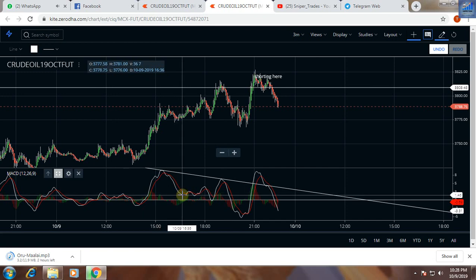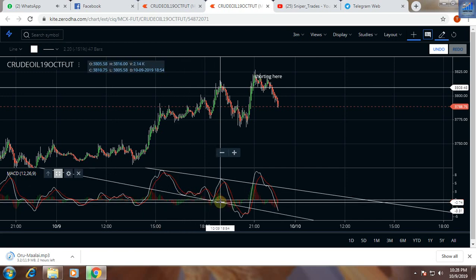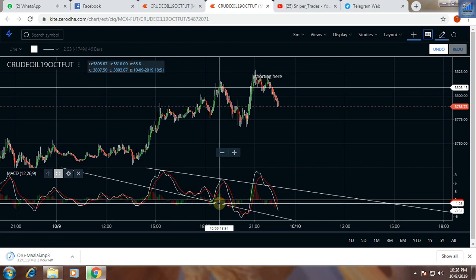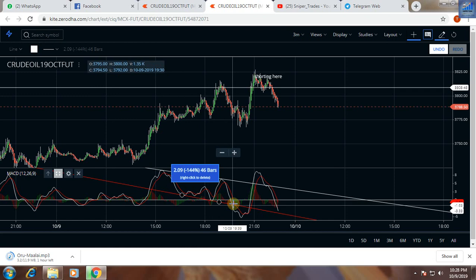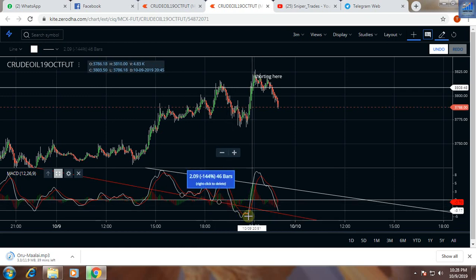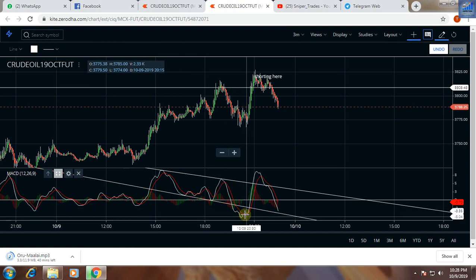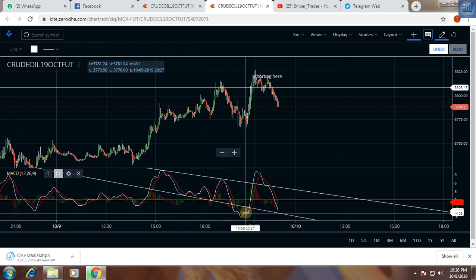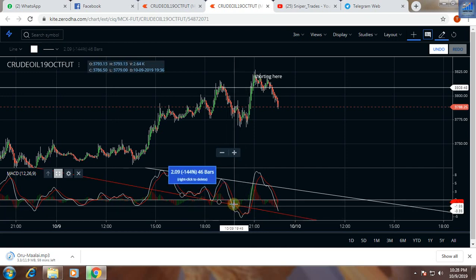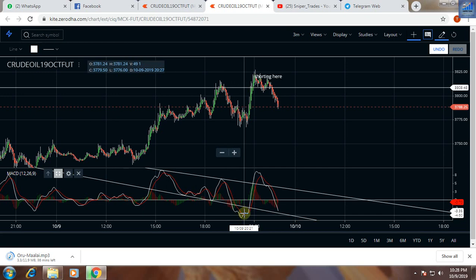See here, I am joining this higher low, this higher low and this lower low. So the MACD line has crossed downwards this support and then gave a buy signal here. See, the MACD line has crossed upwards the signal line. So this crossover after the path violation is a good chance for a long position.